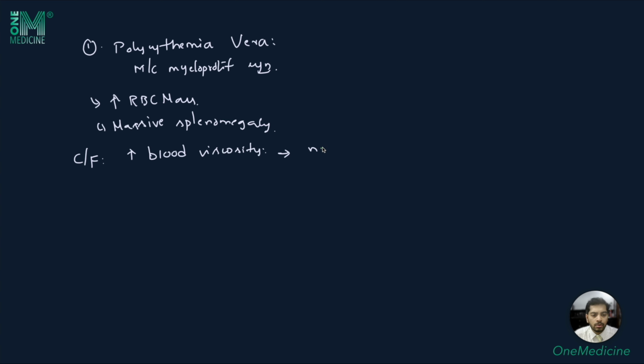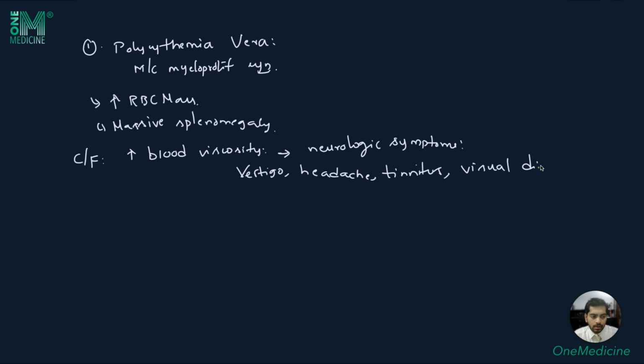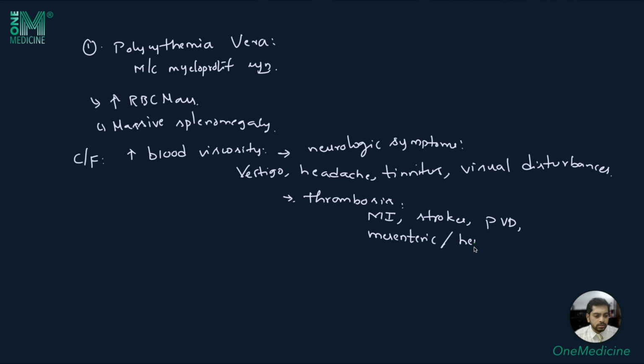This includes neurologic symptoms such as vertigo, headache, tinnitus, and sometimes visual disturbances. There can be thrombosis leading to myocardial infarction, strokes, peripheral vascular disease, and mesenteric or hepatic ischemia as well.